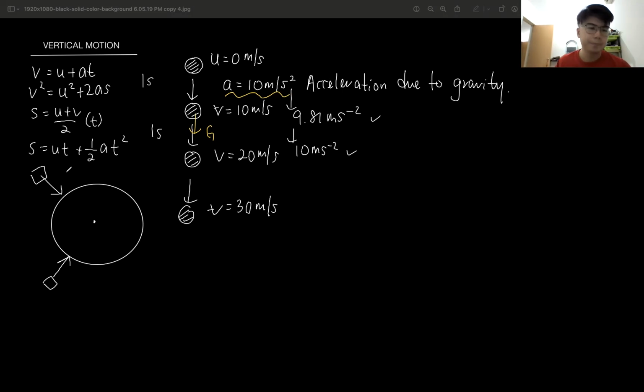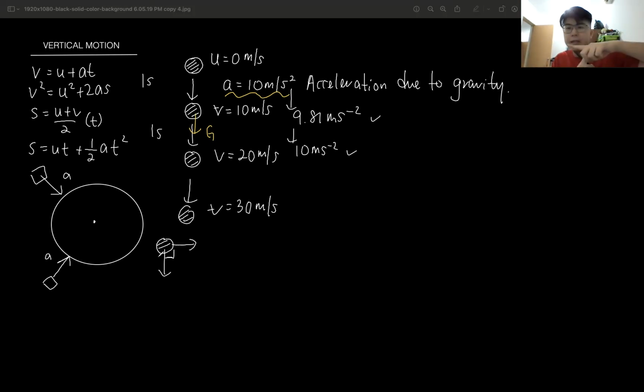Now this is the acceleration due to gravity. So in vertical motion, object is affected by acceleration of the gravity. In horizontal motion, is there any acceleration due to gravity? No, because if you are moving horizontally like this, the acceleration is like this. It is perpendicular.